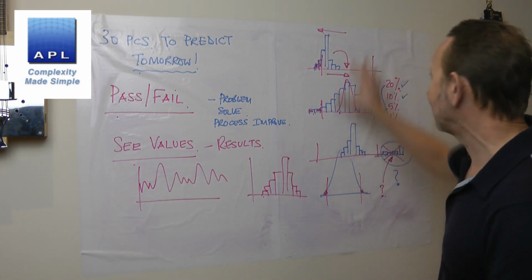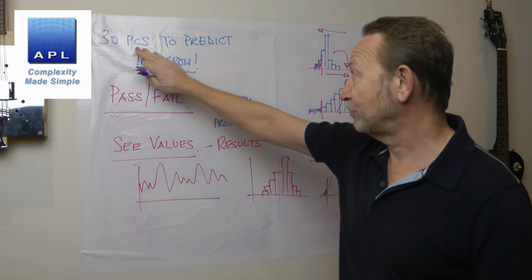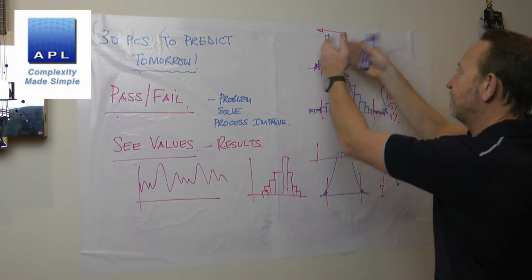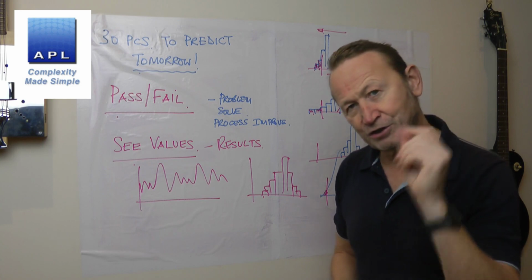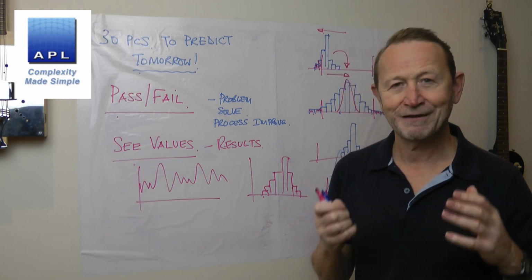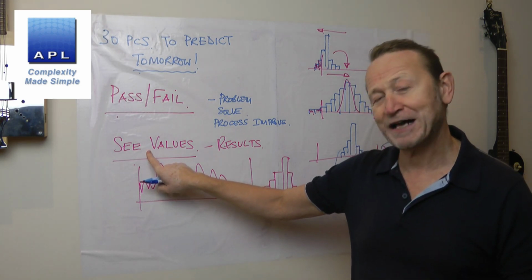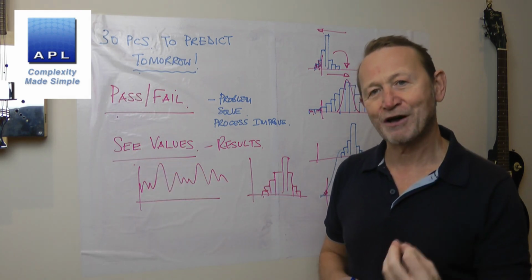Now of course you might get a mixture of some of this, but Carol, if you can get the 30 pieces, you can see the physics of the pass and the fail, and then you can understand how to influence the physics. That is why 30 pieces of values, continuous data, is gold.